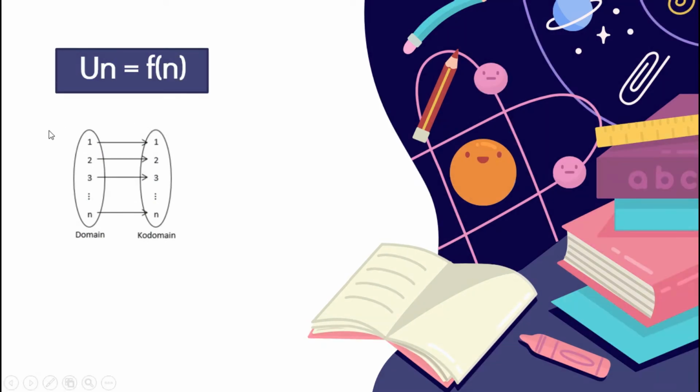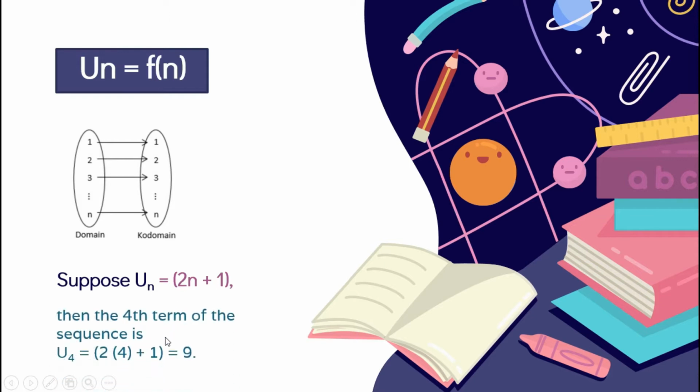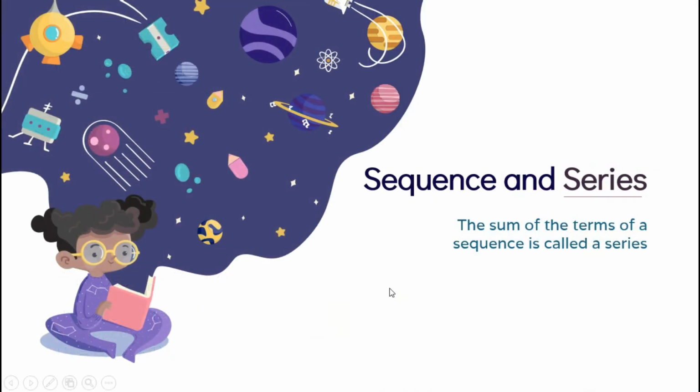You can see this function. Suppose un equals 2n plus 1, then the fourth term of the sequence is u4 equals 2 multiplied by 4 plus 1 equals 9. The sum of the terms of a sequence is called a series. The summation of these terms can be written in sigma form.